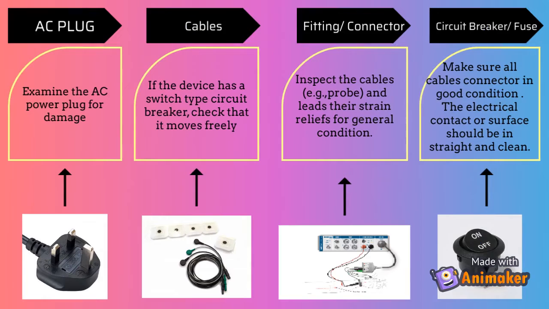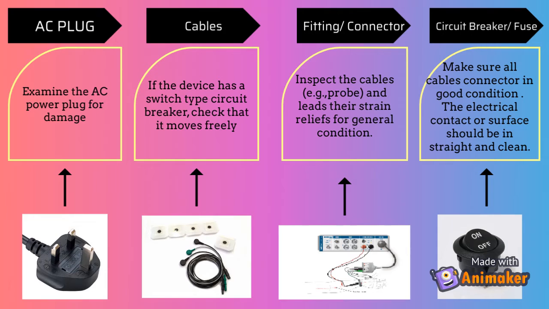6. Cables. If the device has a switch-type circuit breaker, check that it moves freely. 7. Fitting or connector: inspect the cables, for example probe and leads, and their strain reliefs for general condition. 8. Circuit breaker/fuse: make sure all cable connectors are in good condition.